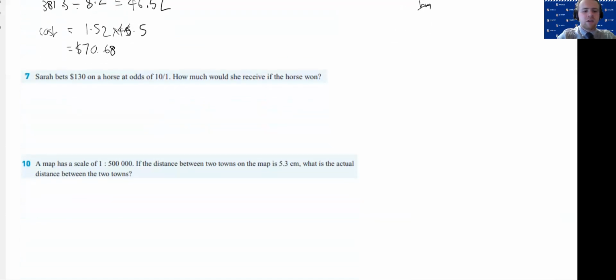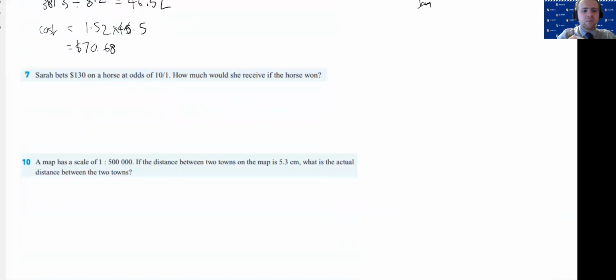All right, for question 7, Sarah bets $130 on a horse at odds of 10 to 1. How much would she receive if the horse won? Okay, so basically, she's put $130 on a bet. The odds are 10 to 1.